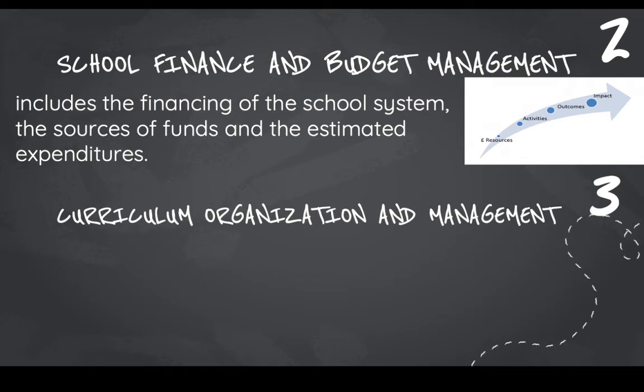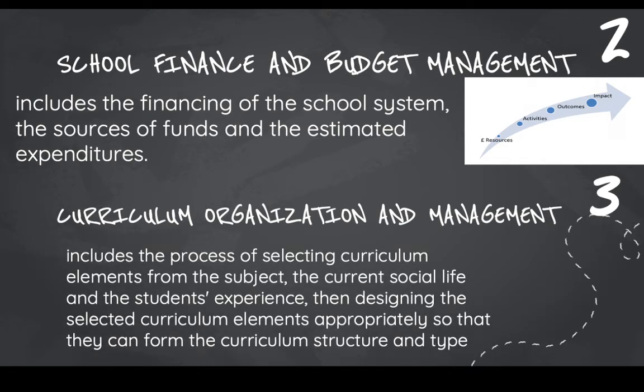For curriculum organization and management, this includes the process of selecting curriculum elements from the subject, the current social life, and the student's experience, then designing the selected curriculum elements appropriately so that they can form the curriculum structure and type. When we talk about financial management in education, this is the most essential and challenging aspect of a school administrator's job.